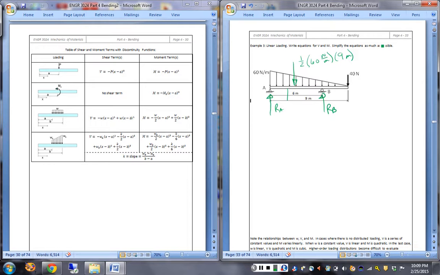With that, we can write our equilibrium equations to figure out all of the reactions.